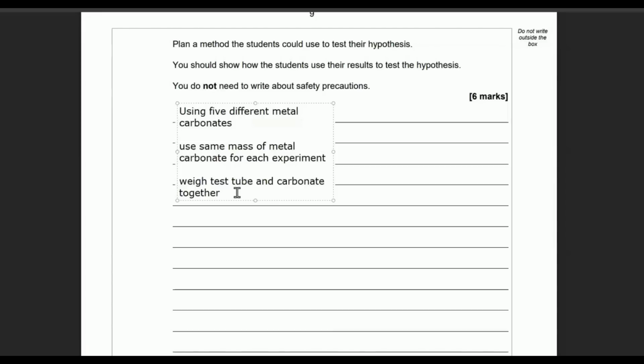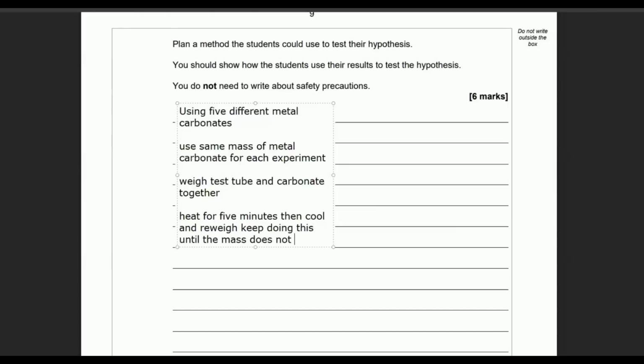Then weigh the test tube and the carbonate together. We're then going to heat for 5 minutes, then cool and re-weigh. Keep doing this until the mass does not change.